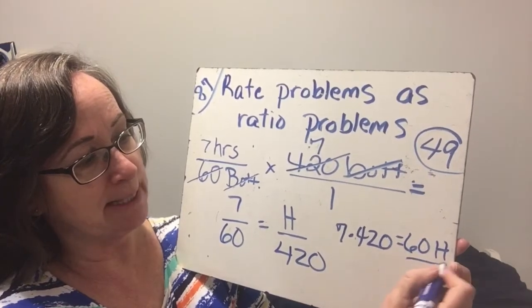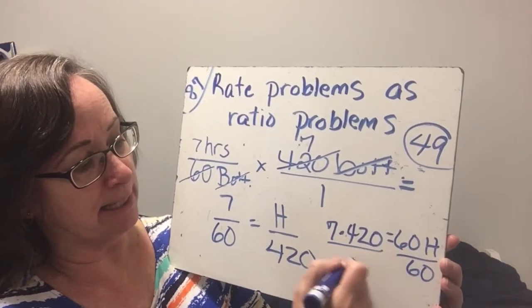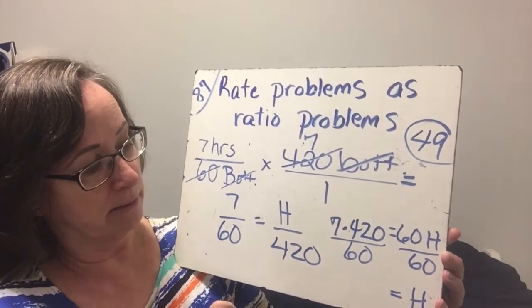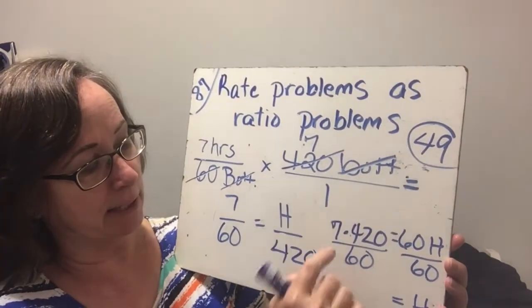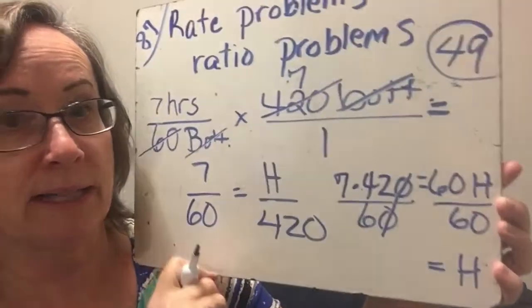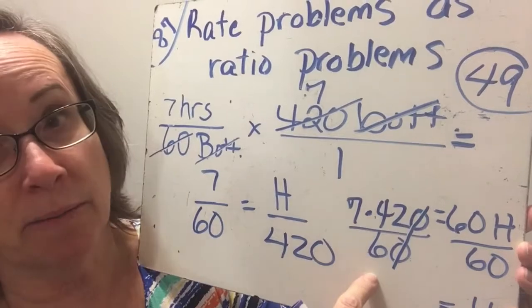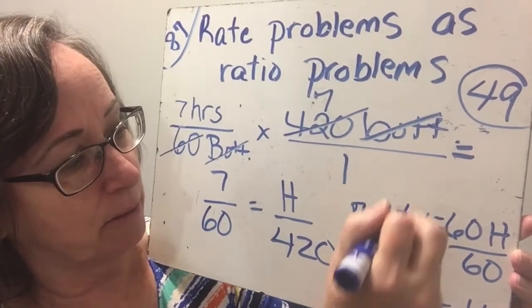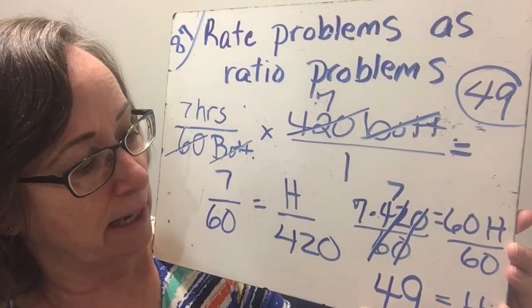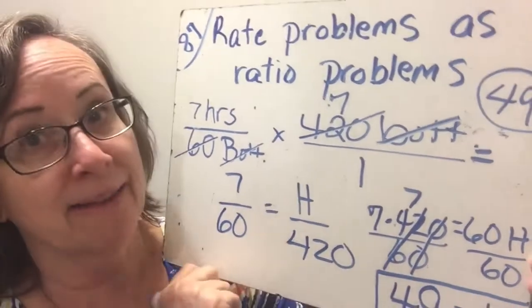Now, if I divide by 60 on this side and divide by 60 on this side, I get H equals. Okay, so now let's see what's going to cancel here. My zeros will cancel, right? Can you see that? And then my 42 and my 6 will cancel with a 7. 7 times 7 is 49. 49 hours is what I got the second time.